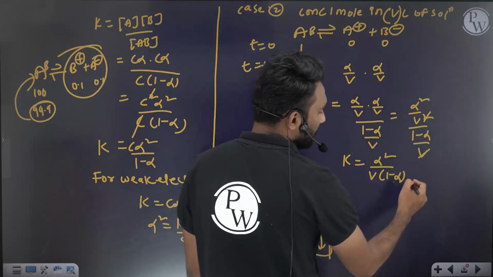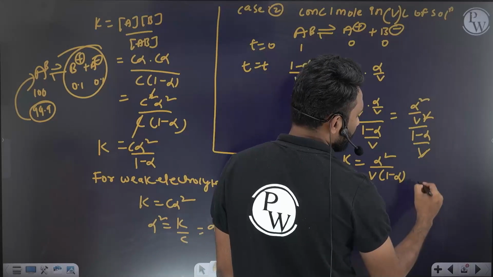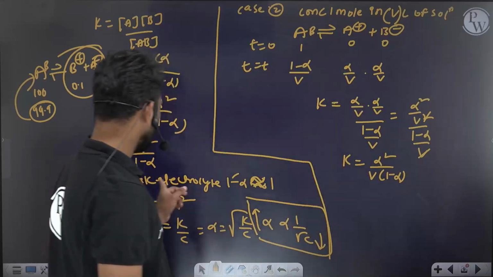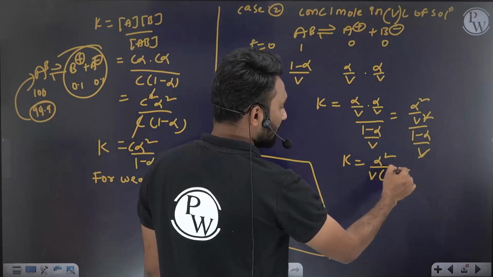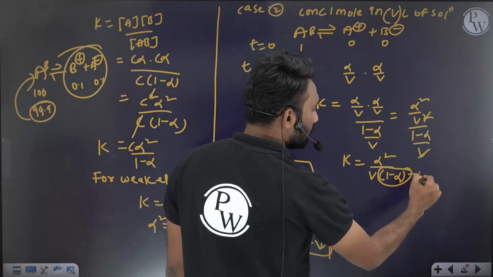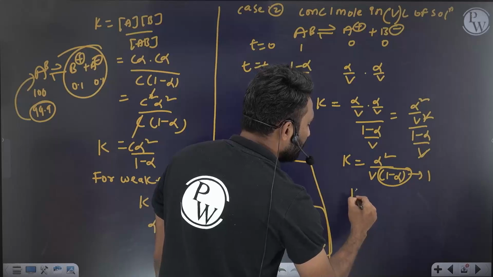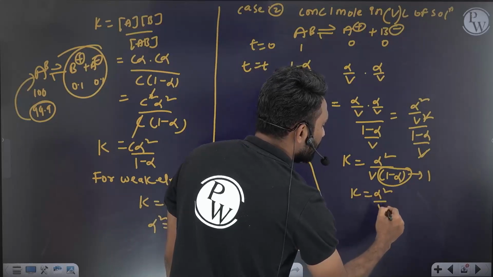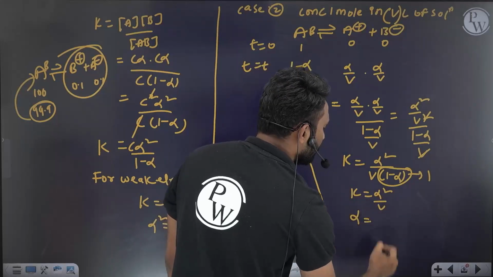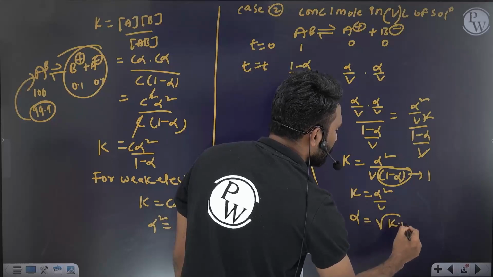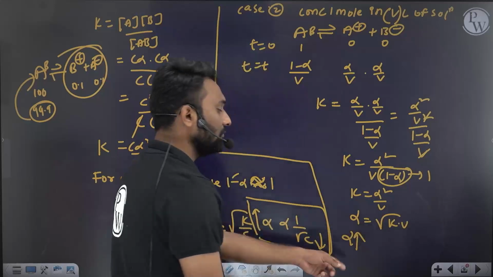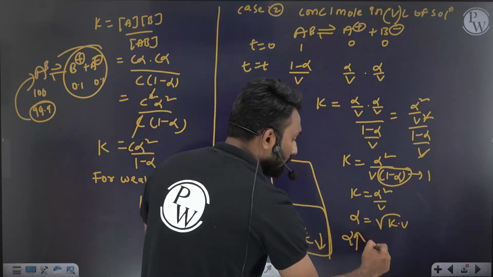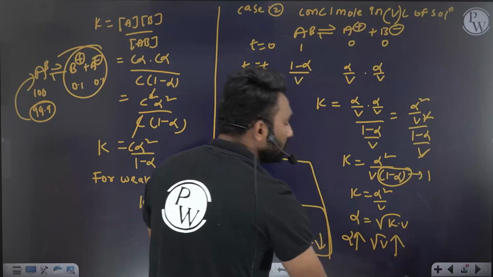Now for the weak electrolyte, 1 minus alpha will be equal to 1, meaning this entire value will become equal to 1. Now K will be alpha square by V. Now alpha will be equal to the square root of K into V. Now if alpha increases, the degree of dissociation increases, then root V, the volume, is also increasing.